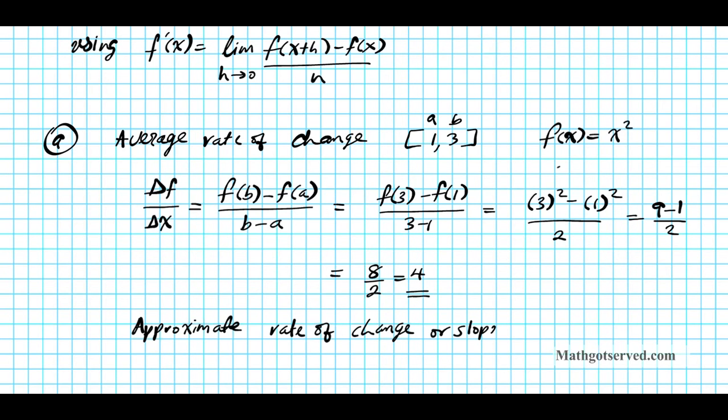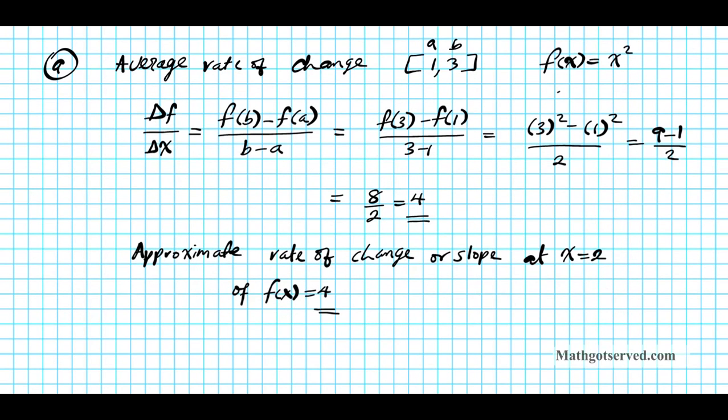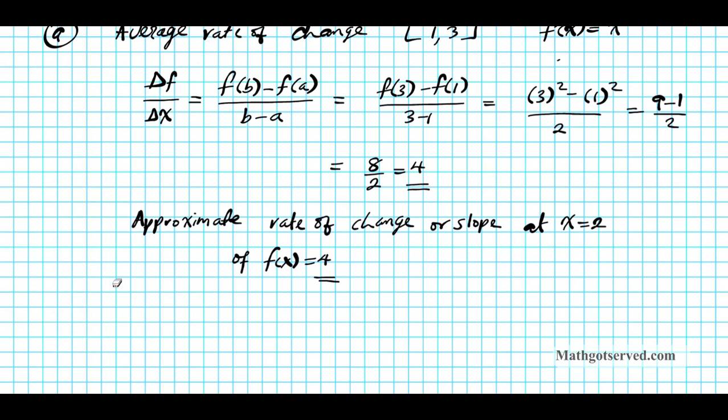Or slope at x equals 2 of f of x is equal to 4. Okay, so this is an approximation. It could be a good approximation or a terrible one, but it's just a secant line, so it gives us a general idea. All right, so for B, we would need to find the instantaneous rate of change now.